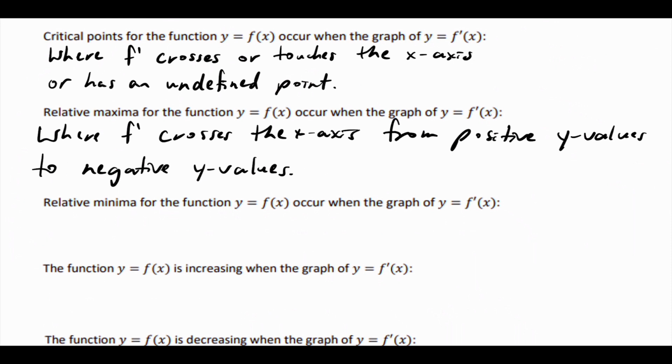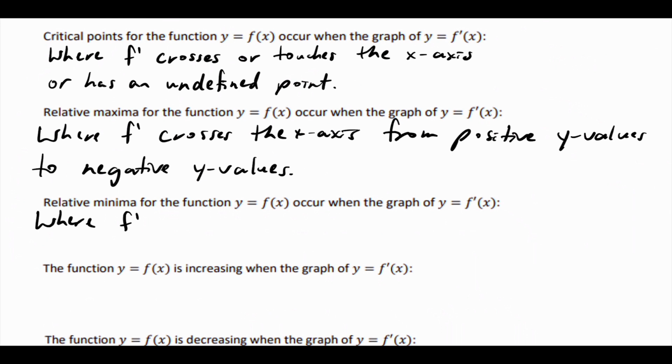So not only does it have to cross, but it has to cross from positive y values to negative y values. Wherever it crosses, that's where there's going to be a relative maximum. Minimum is just the opposite. Minimum is where f prime crosses the x-axis from negative to positive. So it's going to be almost word for word, just a couple words swapped.